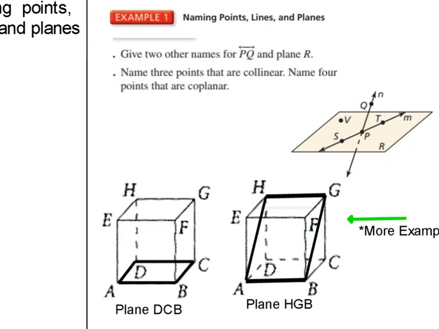It says give 2 other names for PQ. What's another way I can name that line? QP. I can name it QP. That's one way. What's another way?